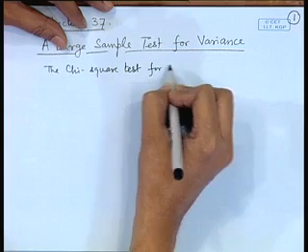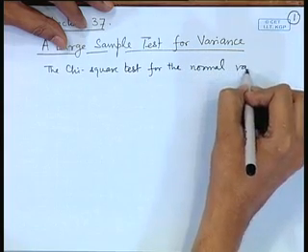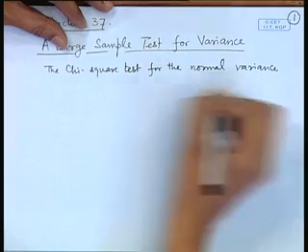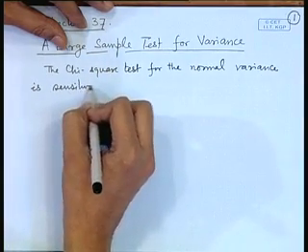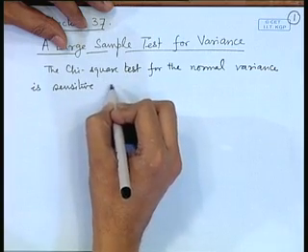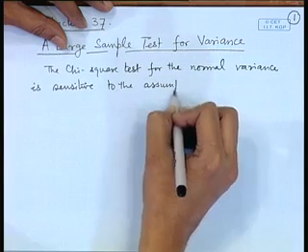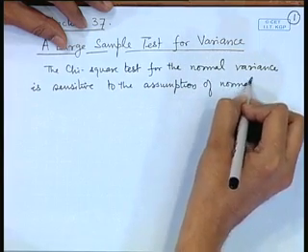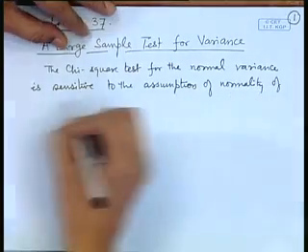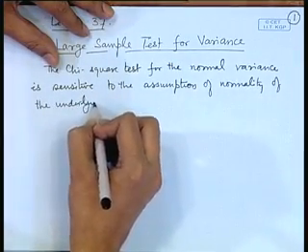So, the chi-square test for the normal variance is sensitive to the assumption of normality of the underlying population.